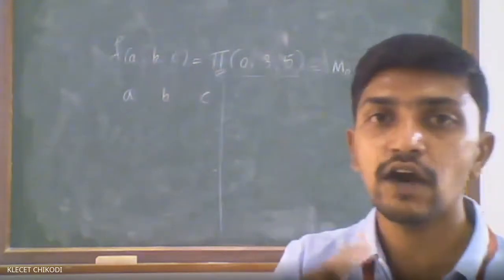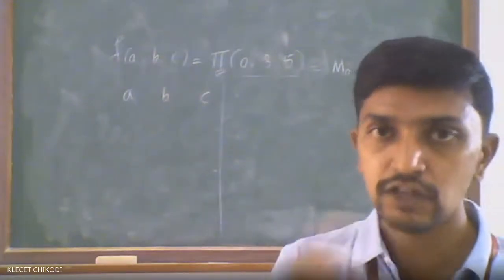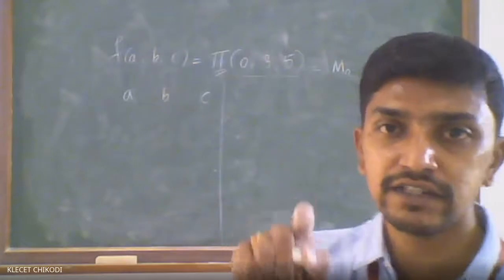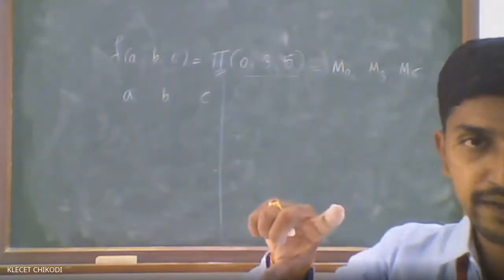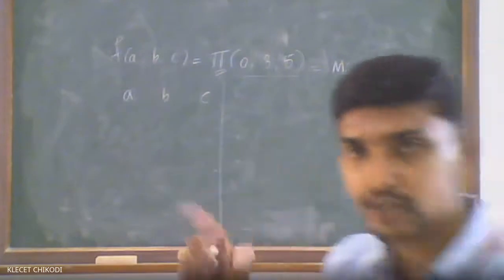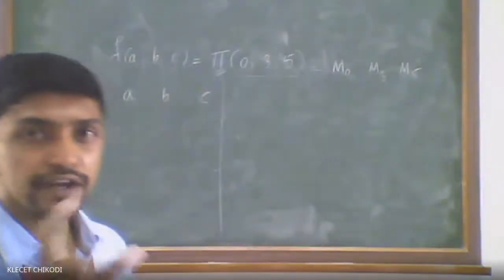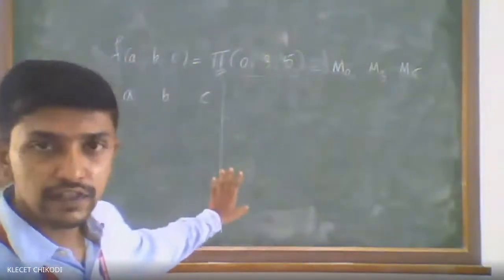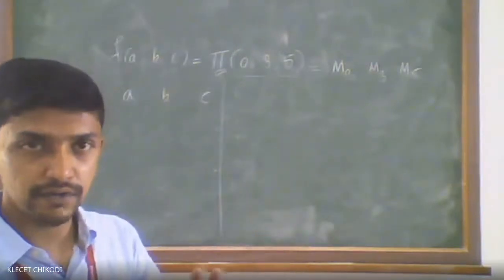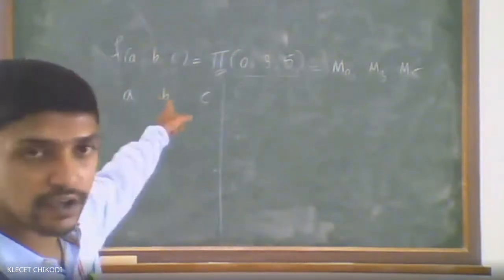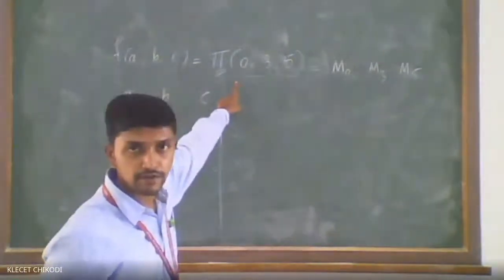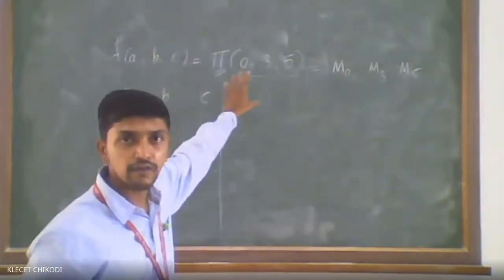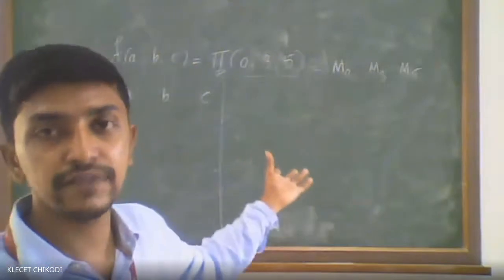Someone has asked how to write the function value in the previous question. In the previous question, the truth table was already given there. But here in this question, the truth table is not given. You can see that they have just given the max term function here. From that max term function, we have to derive the truth table first.